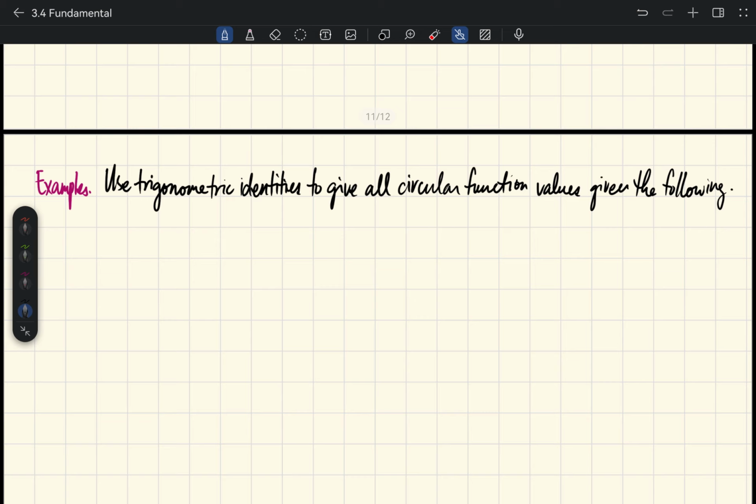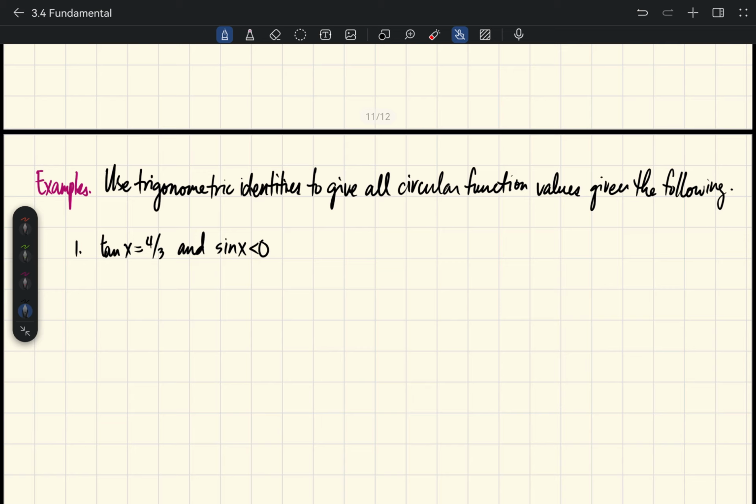So first one, the given is tangent x equals 4 over 3 and sine of x is less than 0.